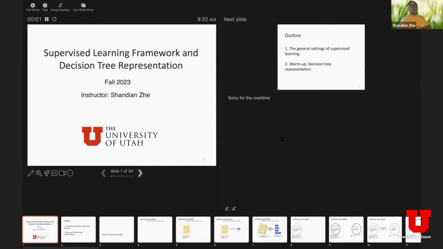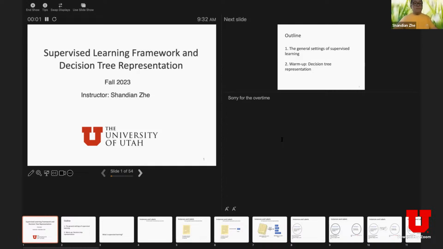For example, you can assume, okay, I believe my target function should be some linear function. Then my search space will be all possible linear functions. That's a hypothesis space. Or I believe my function must be differentiable, second order or third order differentiable, but it can be arbitrary, linear or nonlinear. That's another hypothesis space.